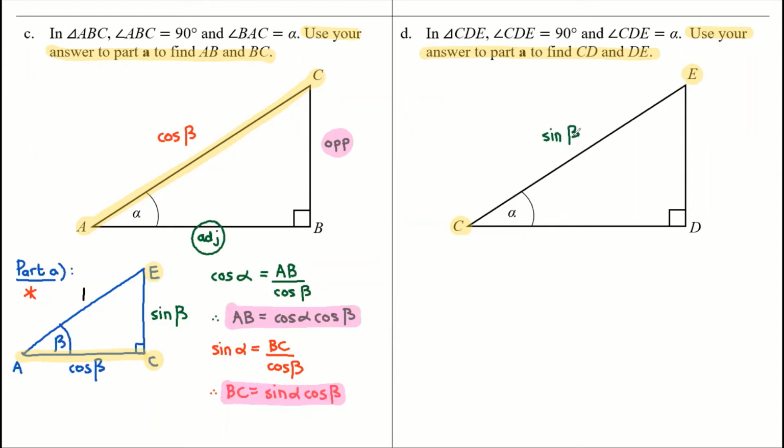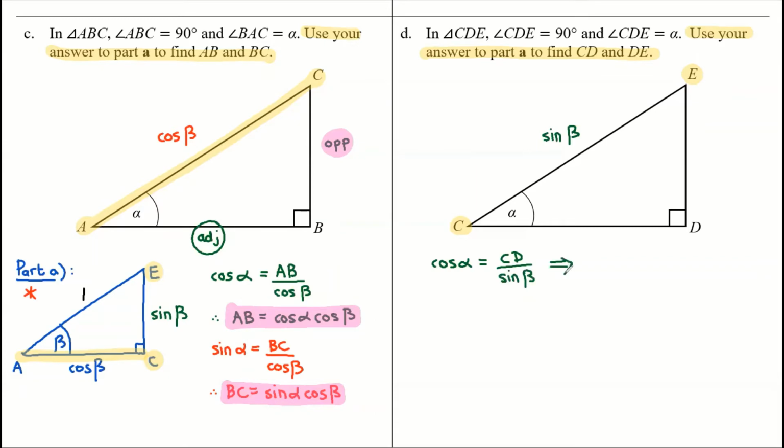And once again, we do the same process. Now, without going through the whole thing again, just a little bit of SOHCAHTOA here. So we can use the cosine for CD. So cos of alpha is going to be the adjacent side, which is CD, over the hypotenuse, which is sine beta, like that.